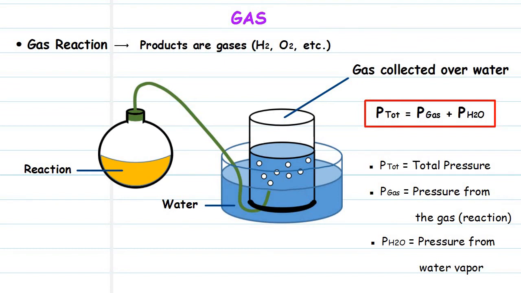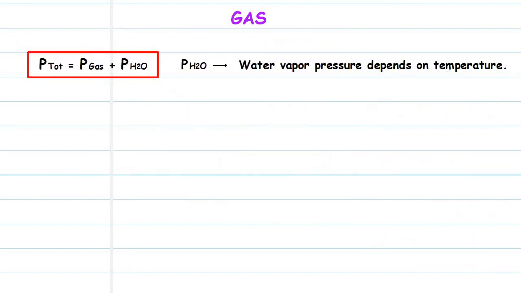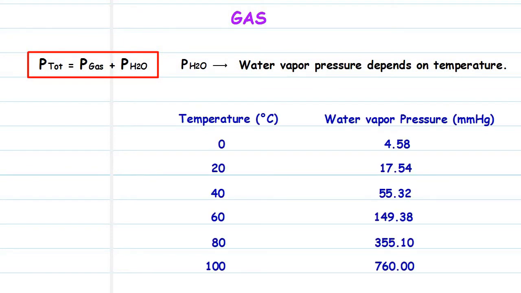Let's take a look a little bit at the last component, P H2O, or the pressure from water vapor. It's worth noting that water vapor pressure depends on the temperature. As you can see from these values here, when the temperature increases, water vapor pressure increases too. So those are the key concepts. Now we can take a look at some practice questions.